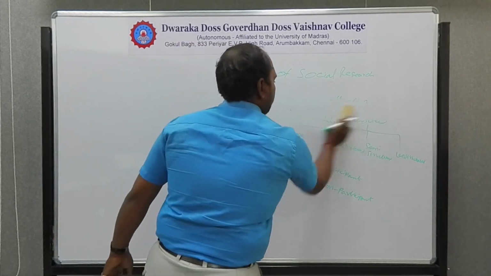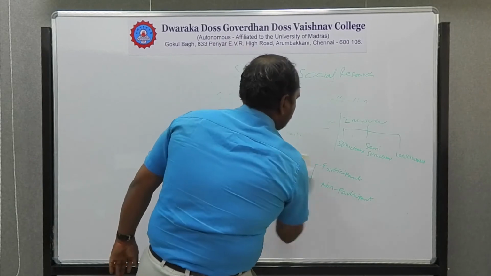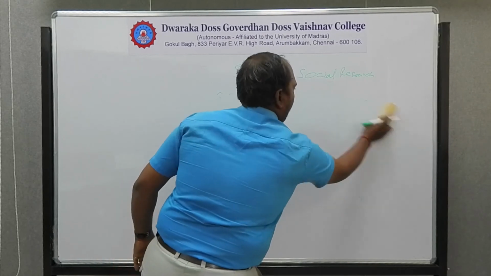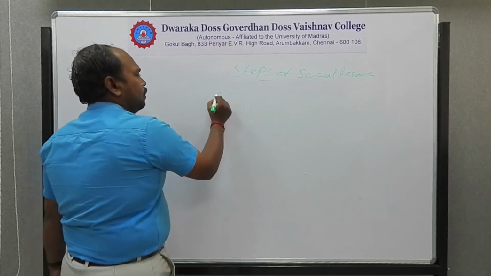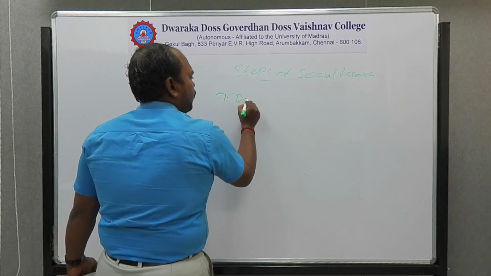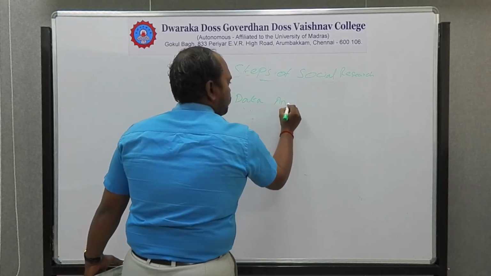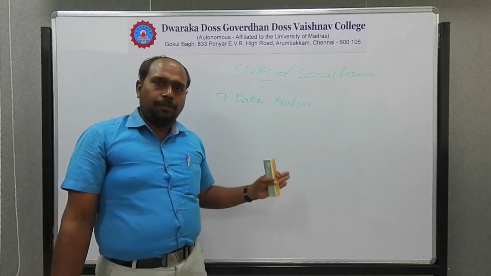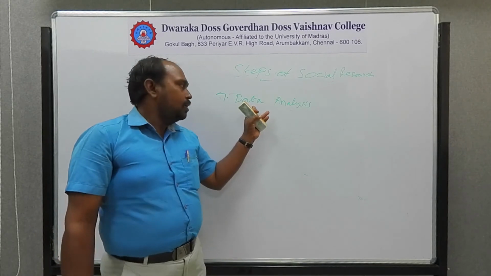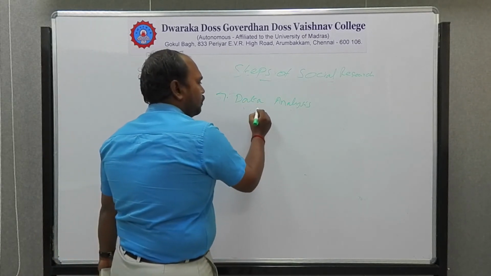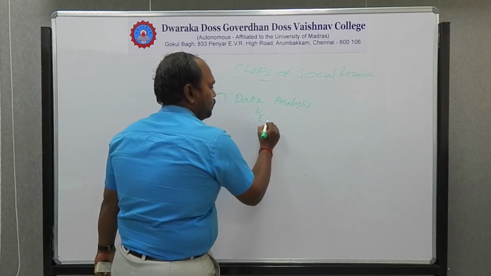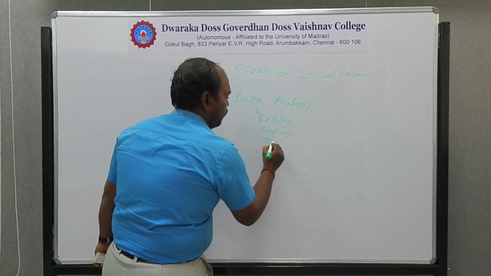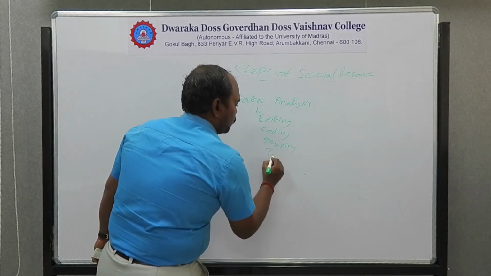The next step is data analysis. After the data collection, before going to data analysis, the data should be corrected because it is raw data. So the data should go for editing, coding, then grouping, then tabulation.